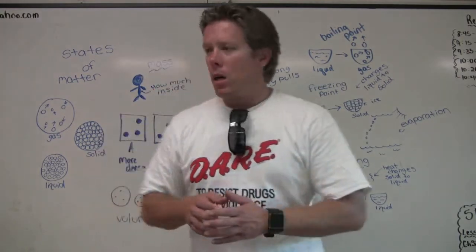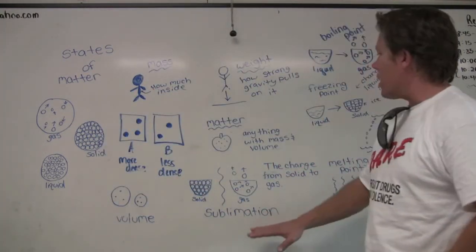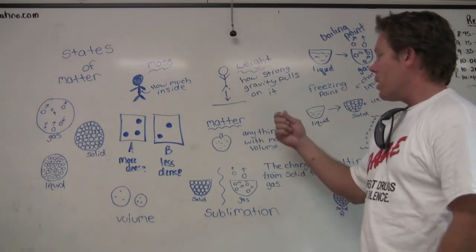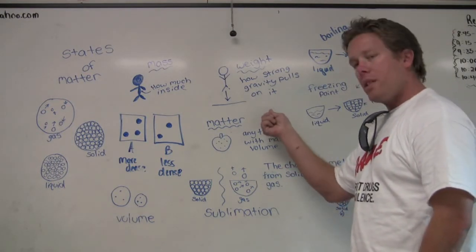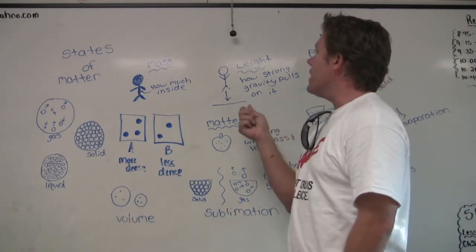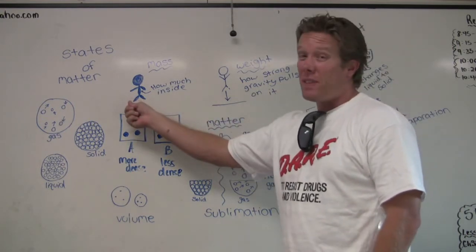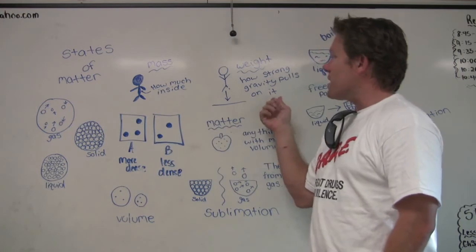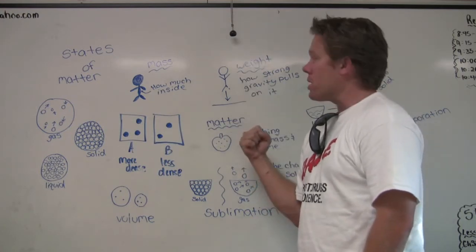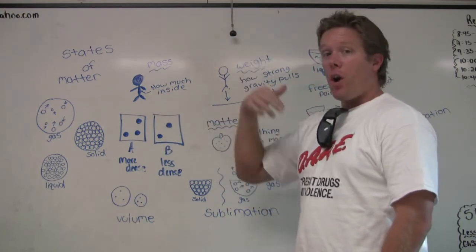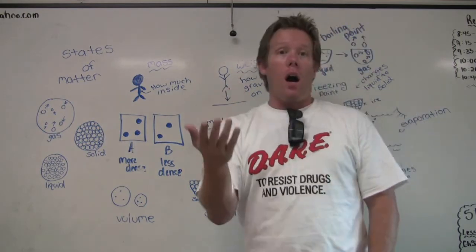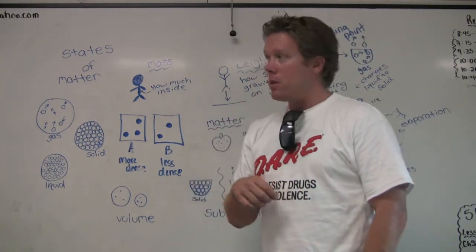I believe we've covered everything here. We talked about sublimation. Make sure, once again, that you understand the difference between mass and weight. Mass is how much stuff is inside. Weight is how strongly gravity pulls on it. So here on Earth, I may weigh 180 pounds.